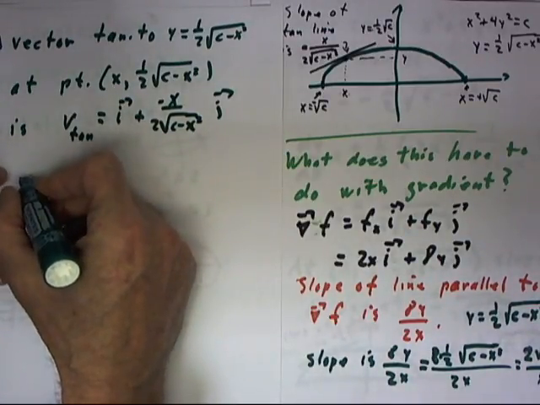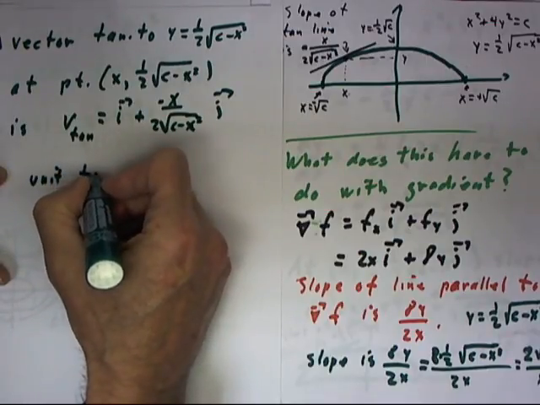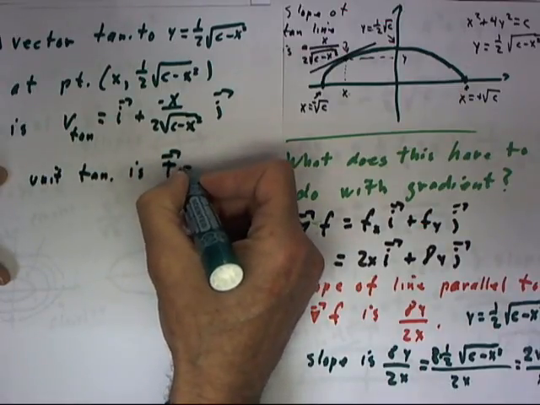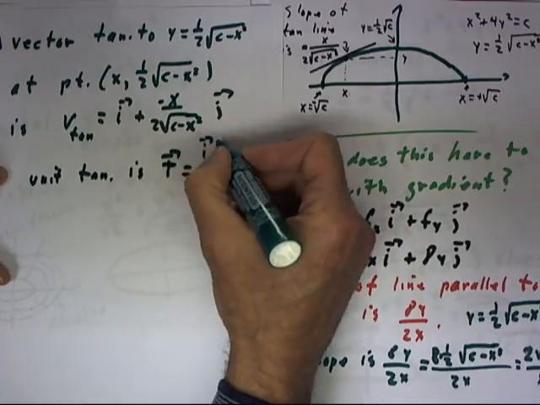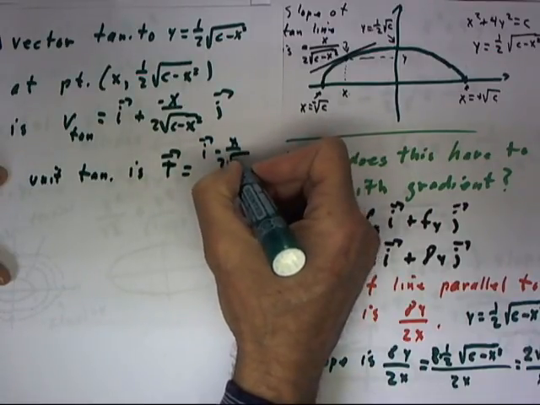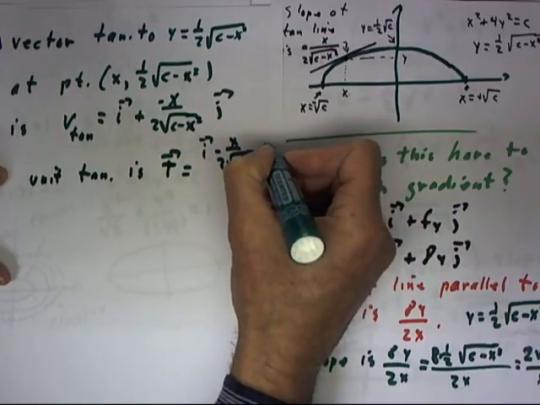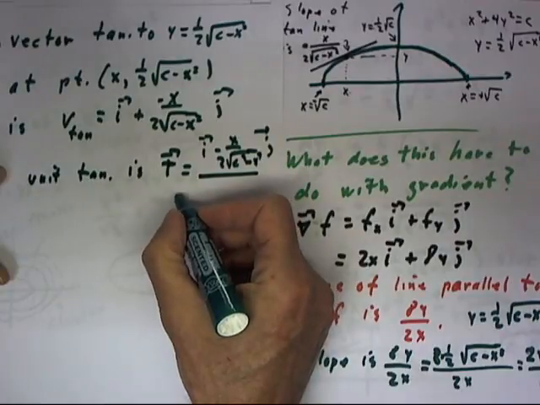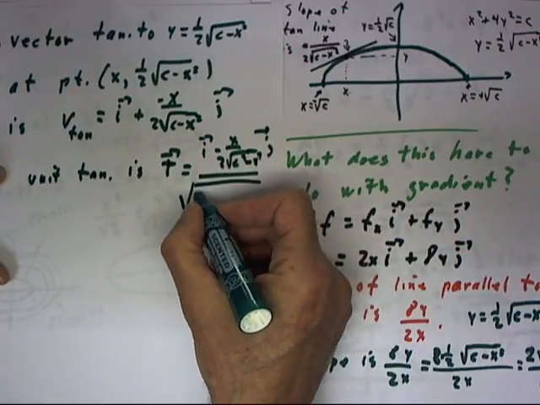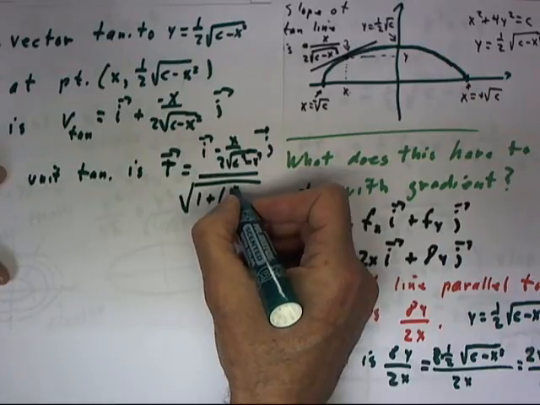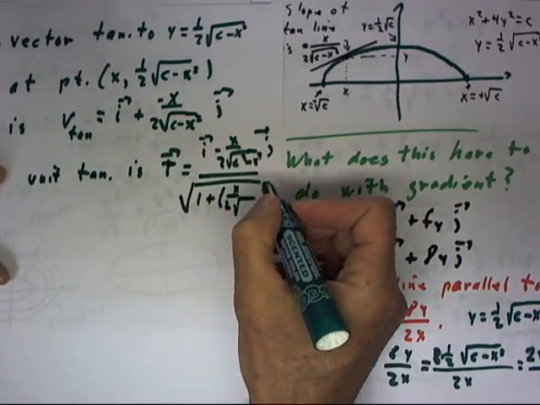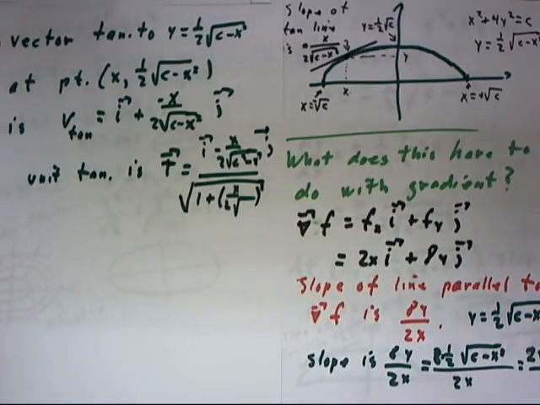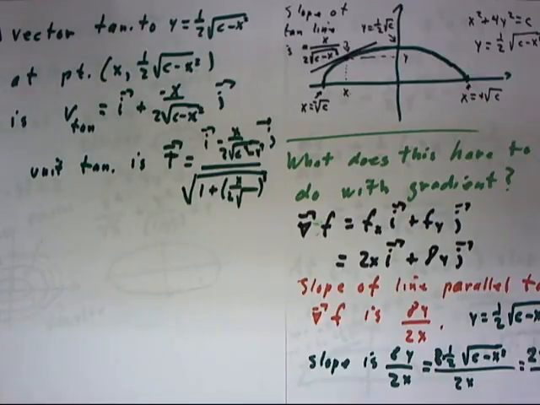Meaning that a unit tangent is t equal to this vector divided by its magnitude, which is the square root of 1 plus the quantity x over 2 square root of c minus x squared, squared. I don't really have room to write that in, I put myself too close to the margin.